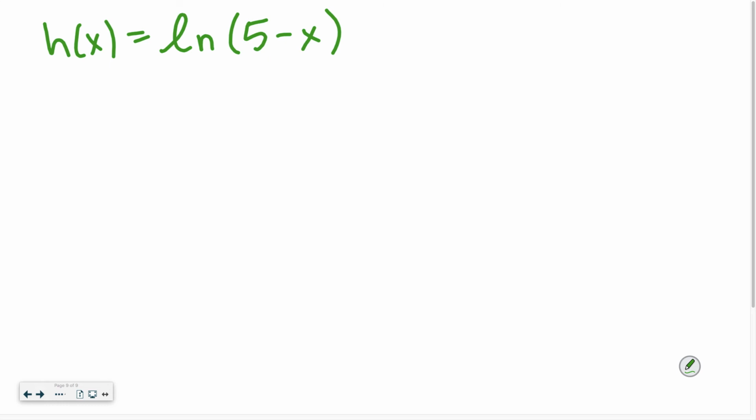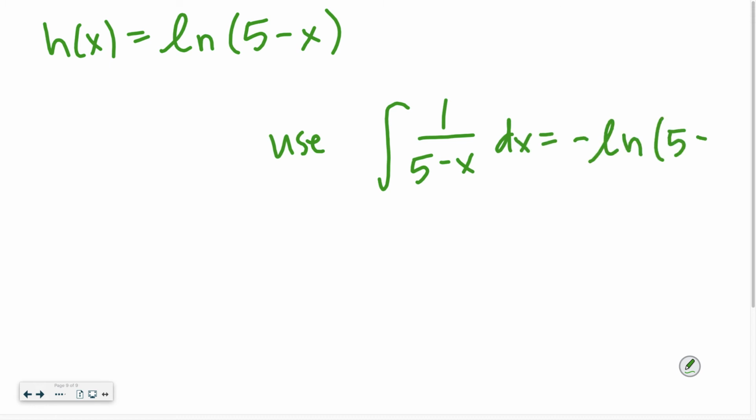Well, we would need to use the fact that the integral of 1 over 5 minus x would give us negative natural log of 5 minus x. And in this case, we would have to take a series and do the integral of a series. You'd also have to simplify that to be 1/5 over 1 minus x over 5 in order to get the 1 minus x on the bottom. Would you have to do the absolute value? We would not need to do that.